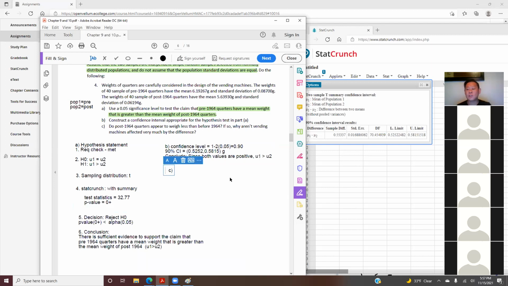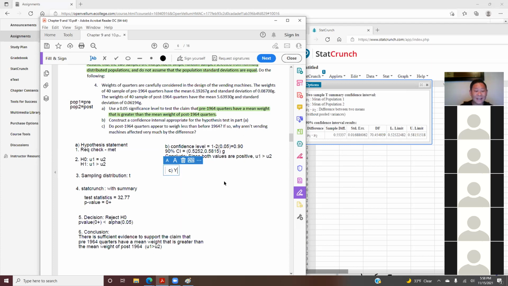And the last one, question C, is asking, do post appear to weigh less than pre? They always like to do that in your homework. They always like to switch them around. In this case, we say that the pre is heavier than post, because the weight for the pre is greater. So for question C they switch it around: is post weight less than the pre?